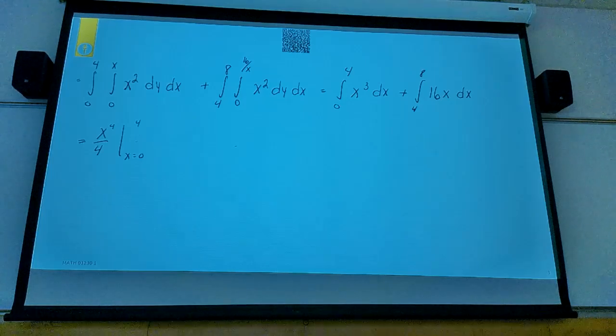That's going to go from x equals 0 to 4. Antiderivative for 16x. That's going to go from x equals 4 to 8. 4 to the 4th over 4 is 4 cubed. What is 4 cubed? Yes, 64.